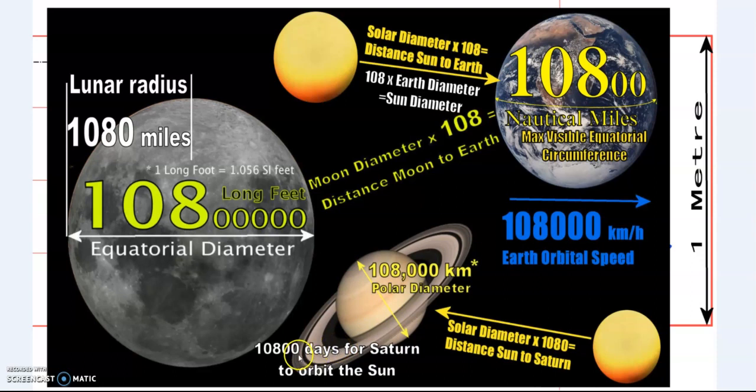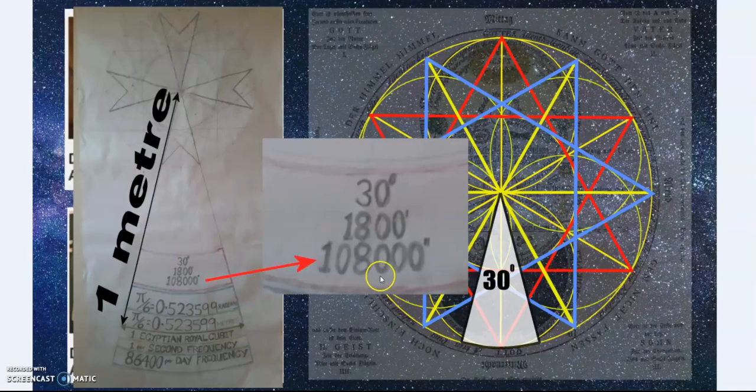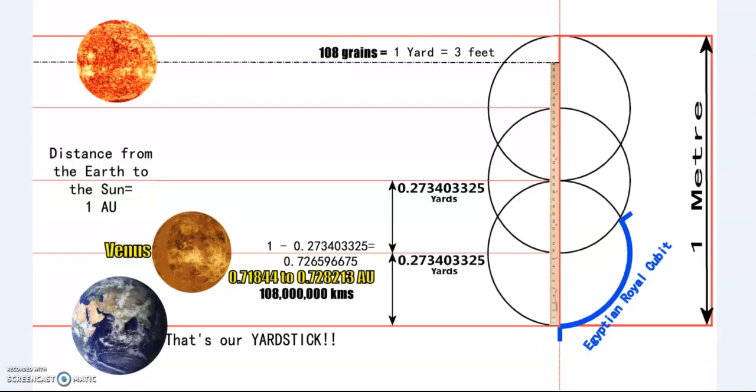And 1 year on Saturn is 10,800 Earth days. So that's these nice, again, back to the pendulum, we see these same numbers reappearing.